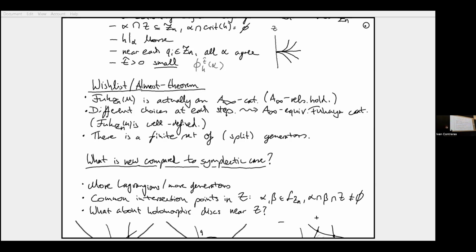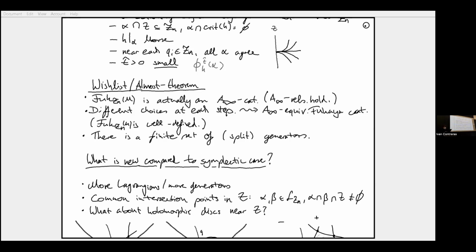So there should be A infinity equivalences if we make a different choice. And the category should end up being finitely generated, or at least finitely split generated. I'm not going to say exactly what this means. Heuristically, it means that you can somehow see the entire A infinity structure from a finite collection of Lagrangians and get the information of all other Lagrangians from your finite set.